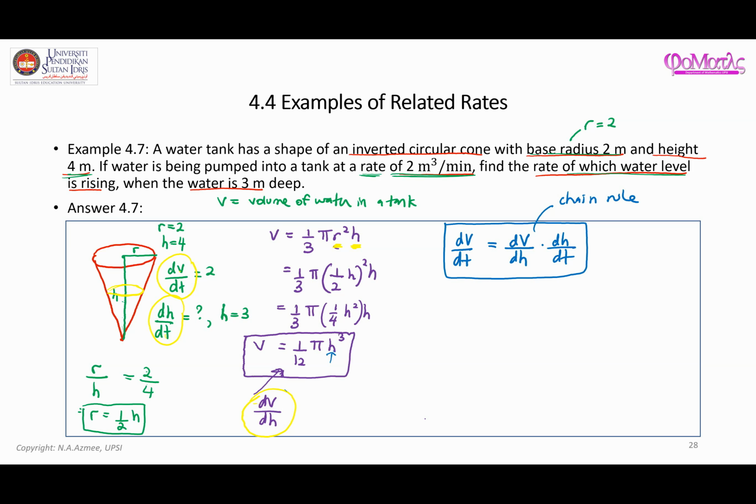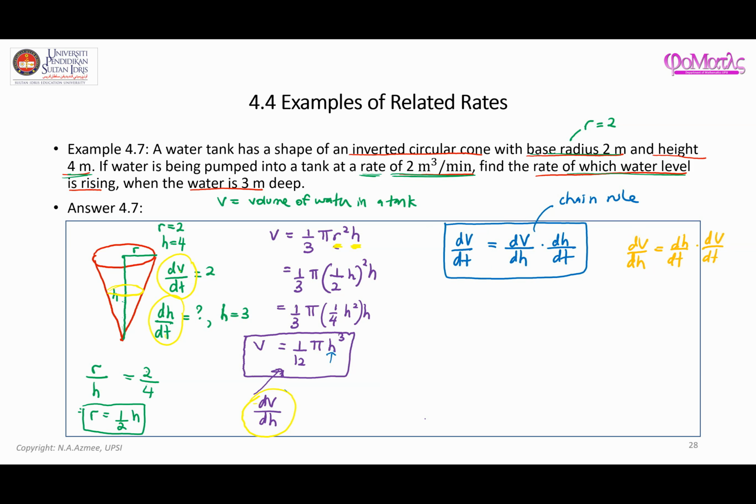Now, some students might get confused about how we can rearrange this part. Some might just say, can I write it as dv/dh equals dh/dt times dv/dt? Just some random arrangement, but this is wrong. Now I'm going to tell you the informal way of making sure that this is the correct mathematical expression.